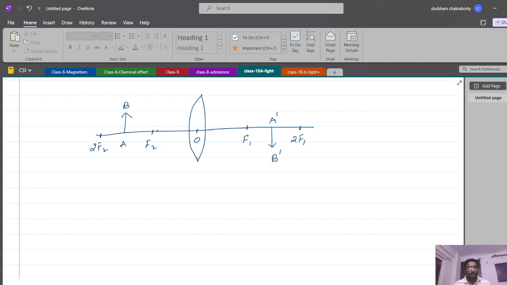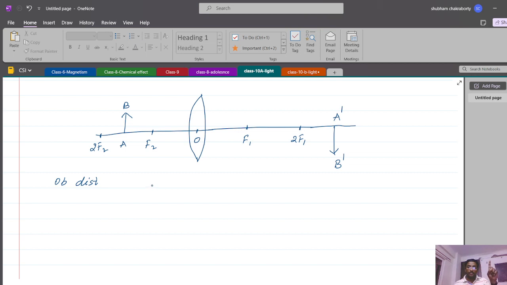I think the image will not be here. Let us say the image is here. Let's call it A dash B dash. So let's name it object distance.